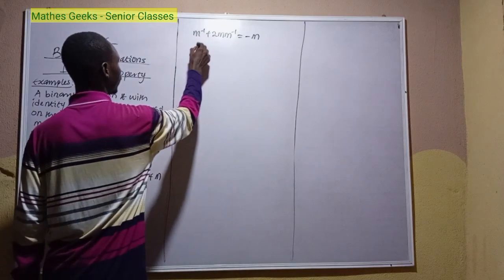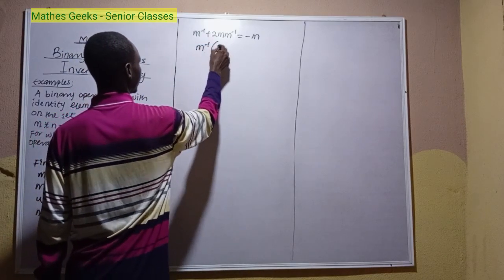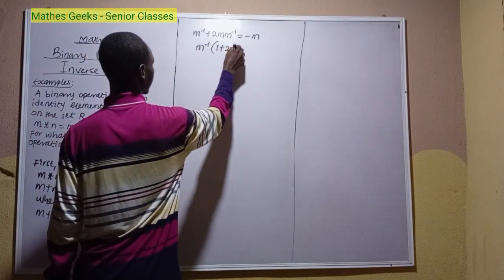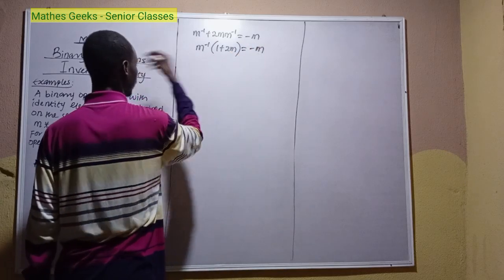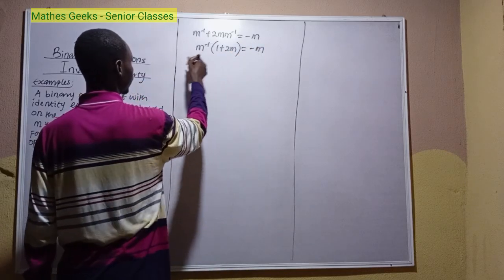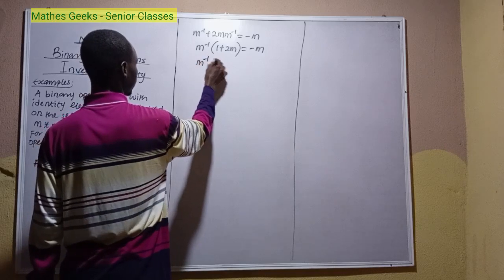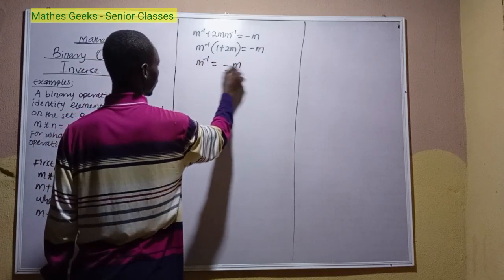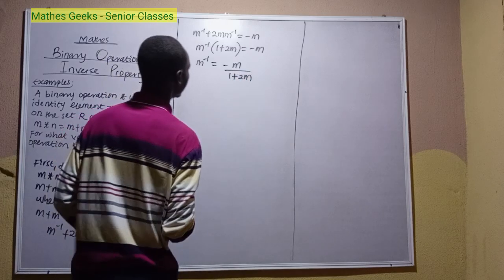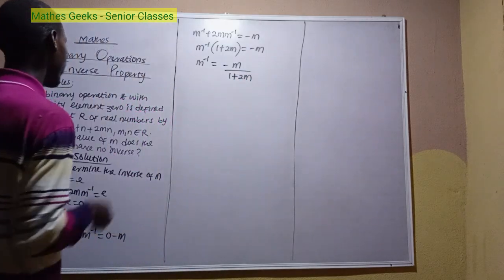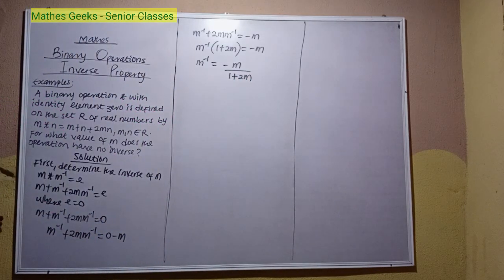We factor m inverse out: m inverse times (1 plus 2m) is equal to minus m. So divide through by 1 plus 2m. m inverse is equal to minus m over 1 plus 2m. So this is the inverse. Now the question says, for what value of m does the operation have no inverse?